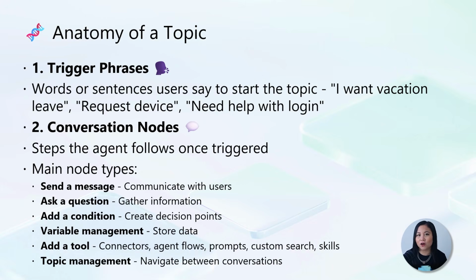Secondly, you have conversation nodes, which are the building blocks that define what happens after a topic is triggered. These include sending messages, asking questions, adding conditions for decision making, managing variables, and adding tools for extending its capabilities.